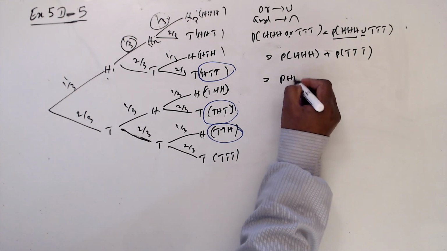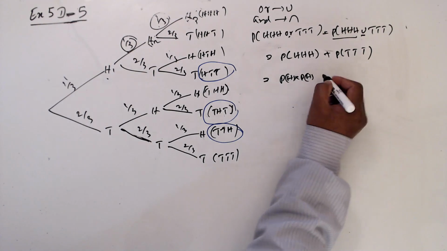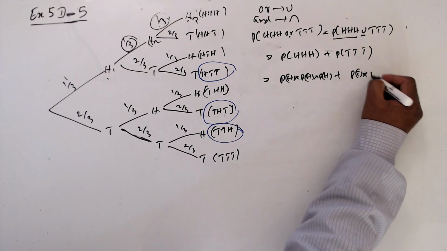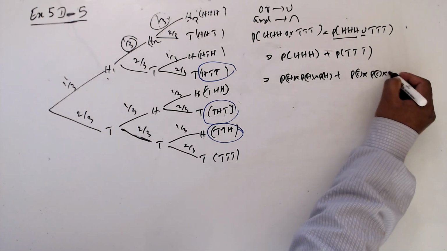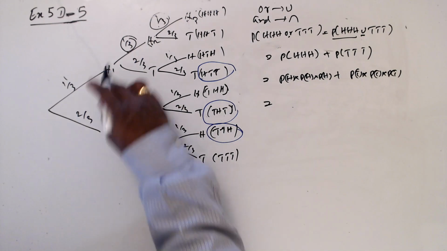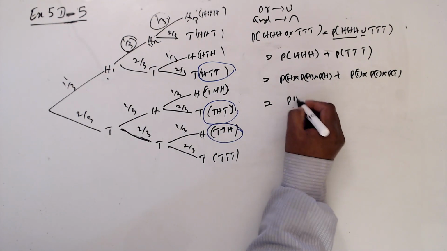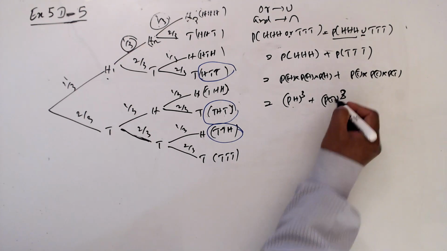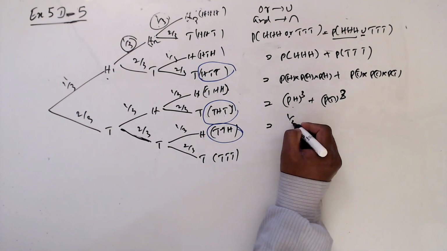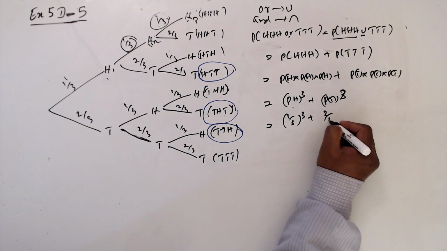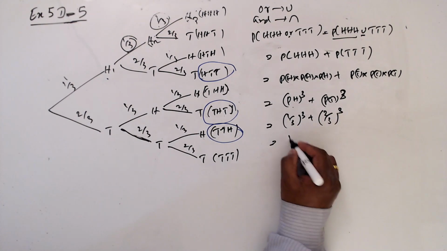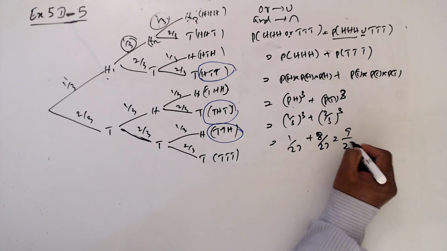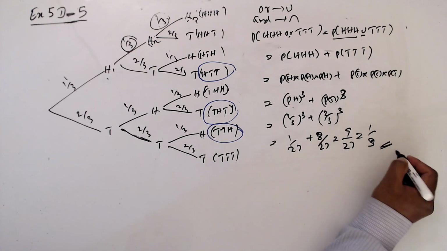Then PH times PH times PH plus PT times PT times PT, this one and this one. So PH cube plus PT cube. So that is going to be 1/3 cube plus 2/3 cube. 1/27, 8/27, 9/27, 1/3.